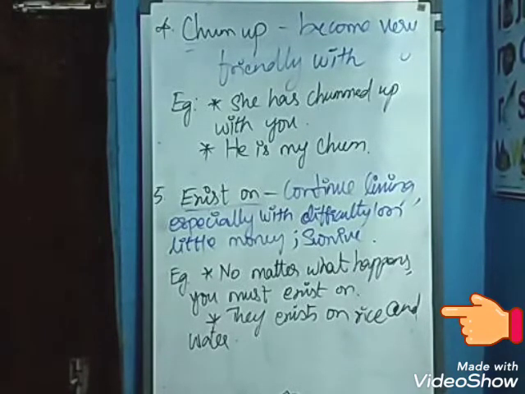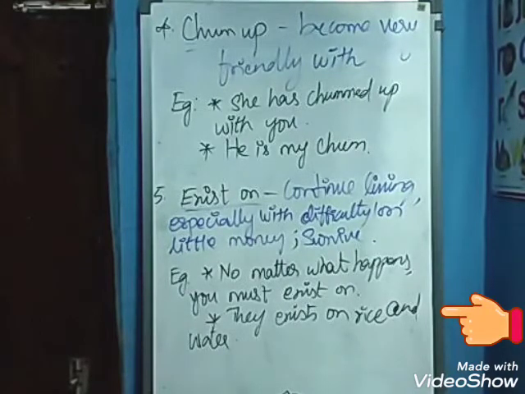So that is what it means. Whatever thing is, or whatever can happen. The sky might fall. There might be scarcity in food or water, or scarcity of money, or you're very poor. But still, you have to survive. So that is what survival is. Okay. The next is, they exist on rice and water. They exist on, they survive with, they continue living with rice and water.